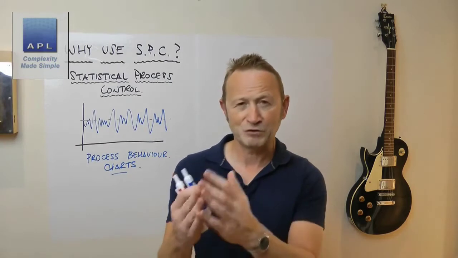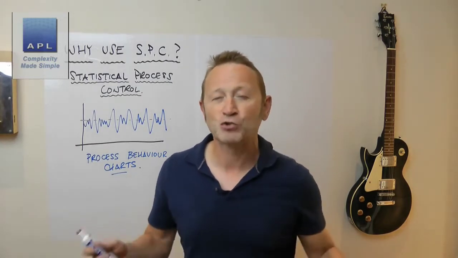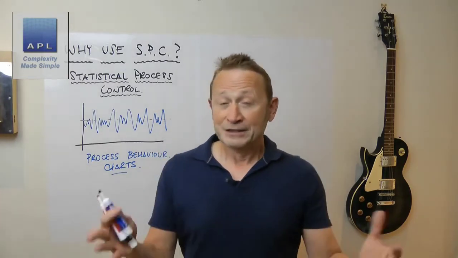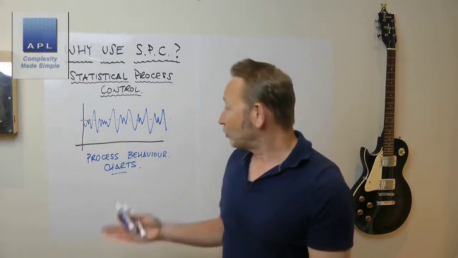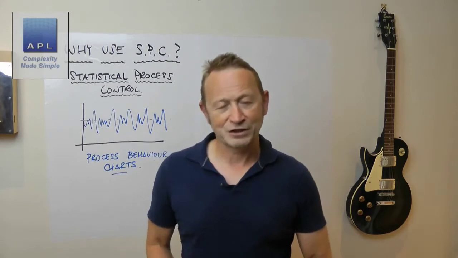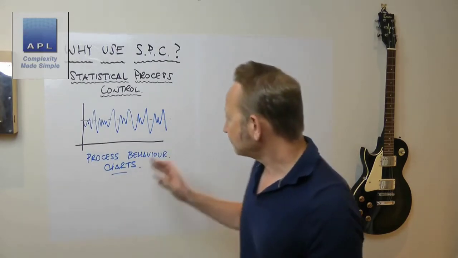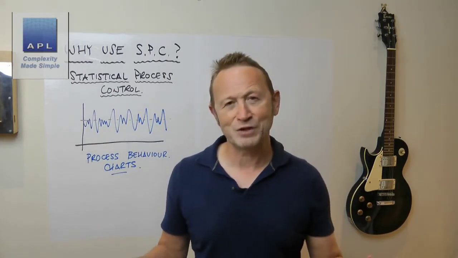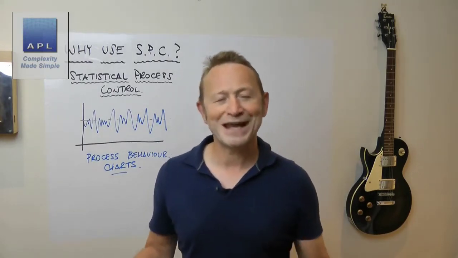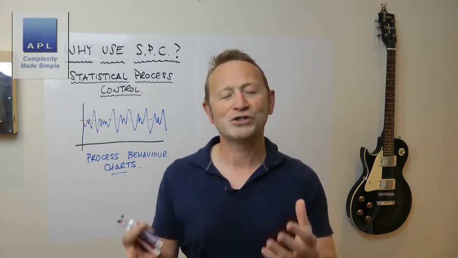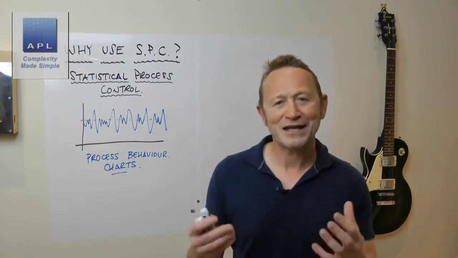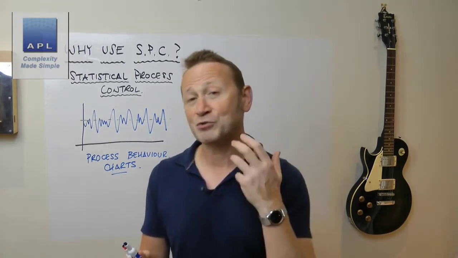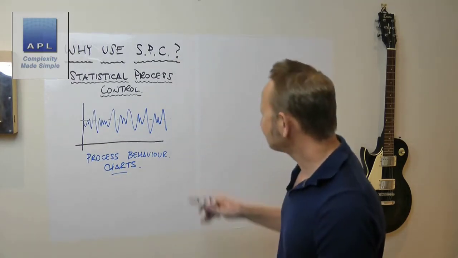Don Wheeler's Short Run SPC is a great book, and he talks about process behavior charts in that textbook. So you have a random number generator. The problem is you don't necessarily know what's going to come next, but they have certain features that you can use to understand them.